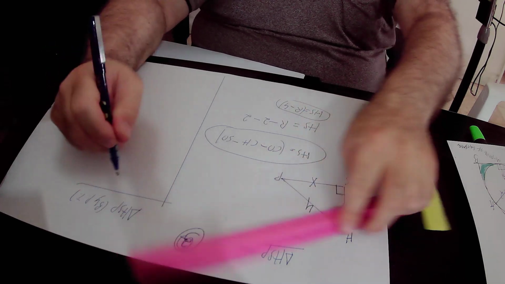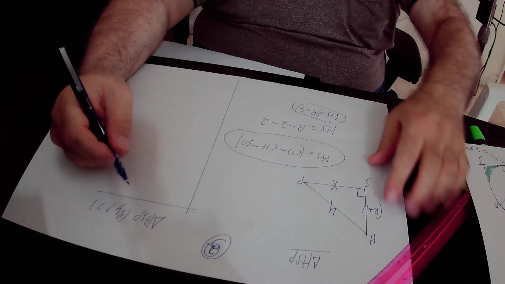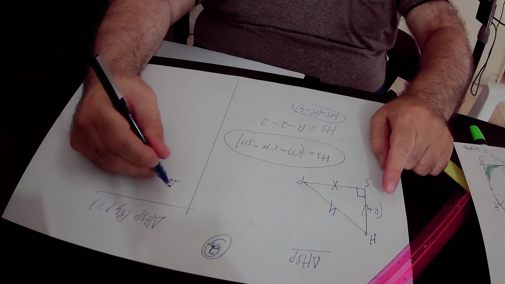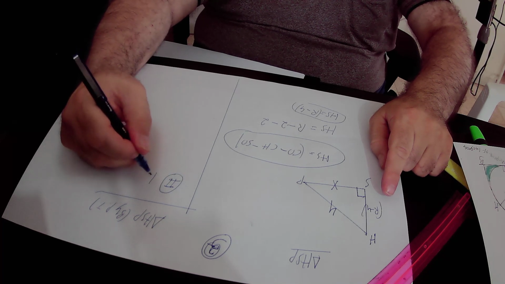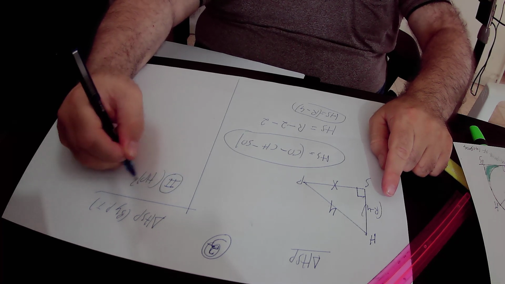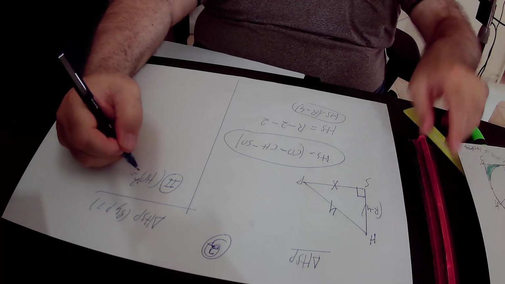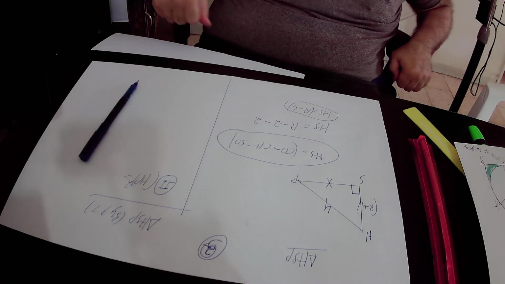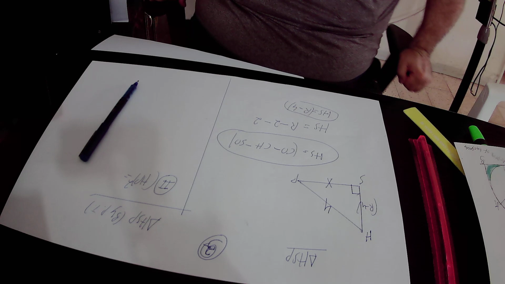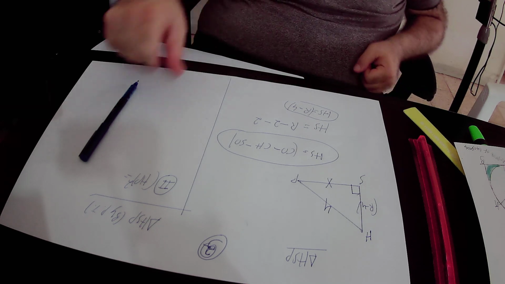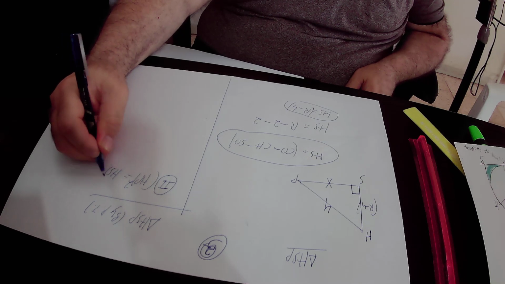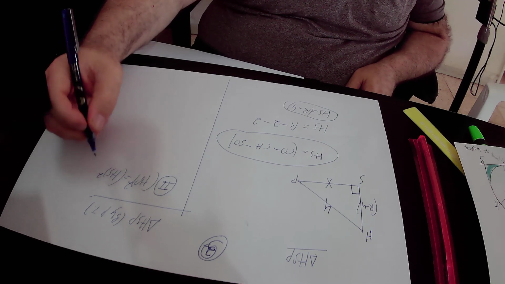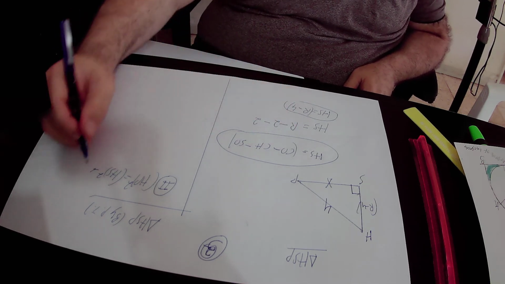The square of the hypotenuse equals the sum of the squares of the perpendiculars. The hypotenuse is HP, so the square of the hypotenuse is HP squared. It must be equal to the sum of the squares of the perpendiculars. That is to say, it must be equal to HS squared plus SP squared.